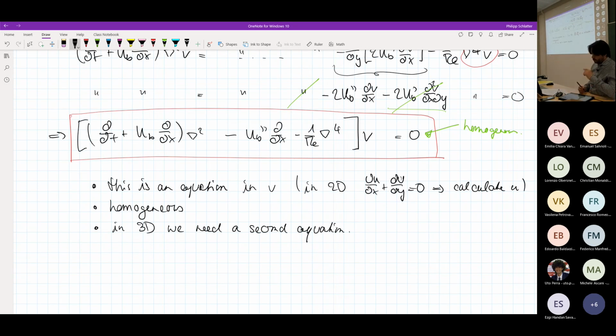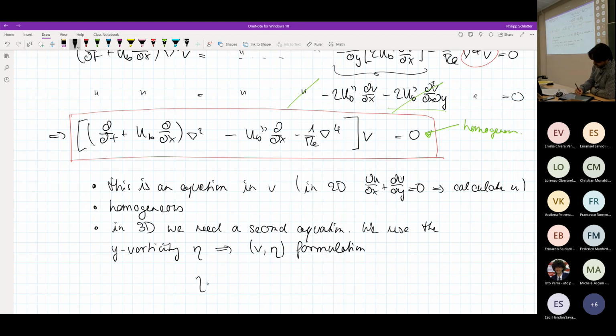And for that, and we do that after the break, we would use the wall normal or the y vorticity, which we can call eta. And that gives us in the end something that's called the v-eta formulation, where eta is defined as the wall normal vorticity, omega y, which is du/dz minus dw/dx.